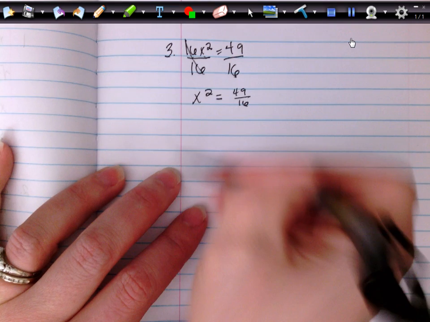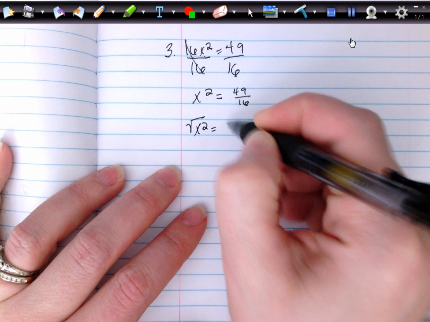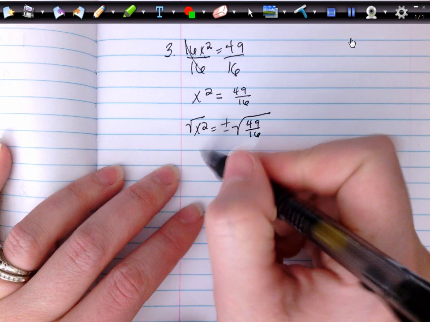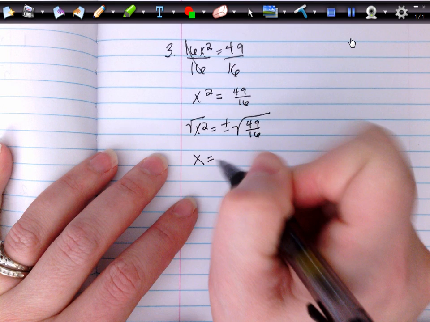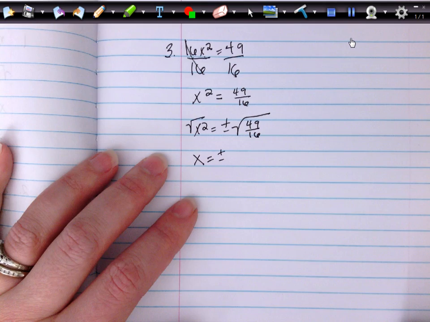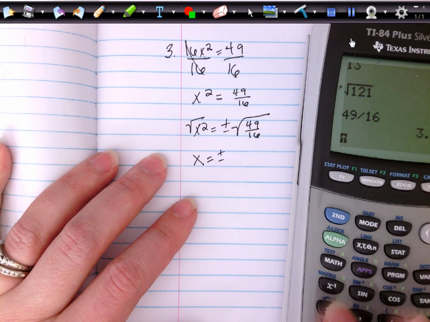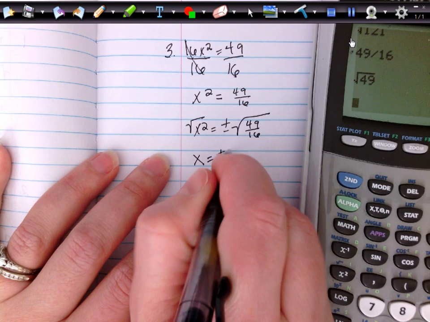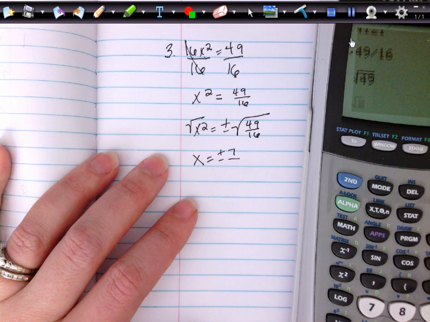So we are going to now take the square root of x squared and the square root of 49 over 16. So x squared gives us x when we take the square root, and the square root of 49 is 7, and the square root of 16 is 4.